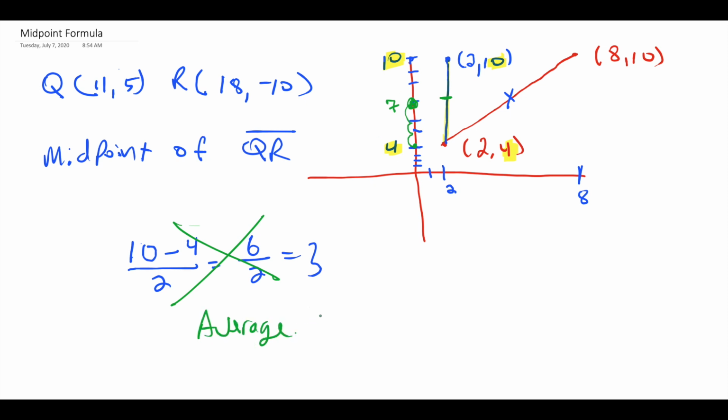So what is the average? How do you take the average? Let's say I have 4 jelly beans, and you have 6 jelly beans. On average, how many jelly beans does each person have?